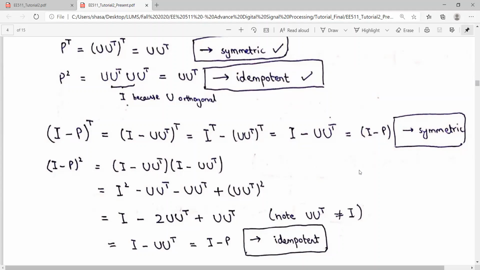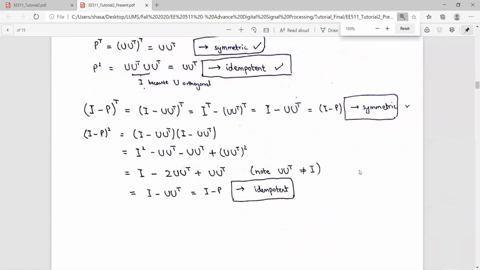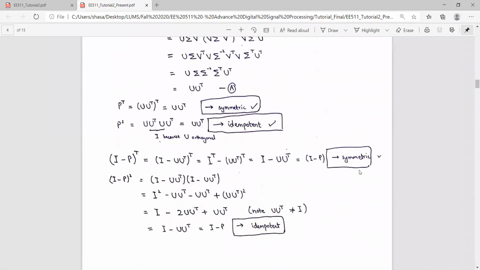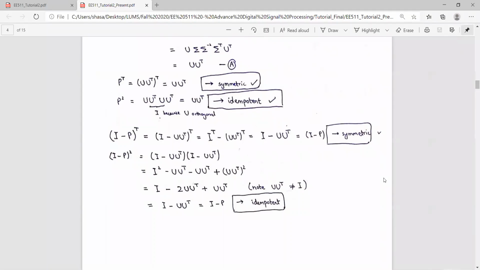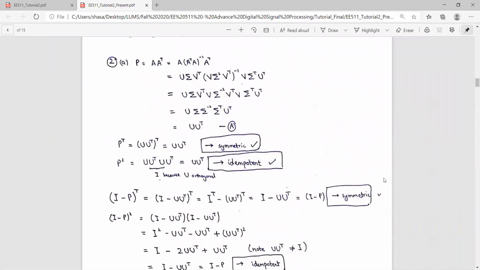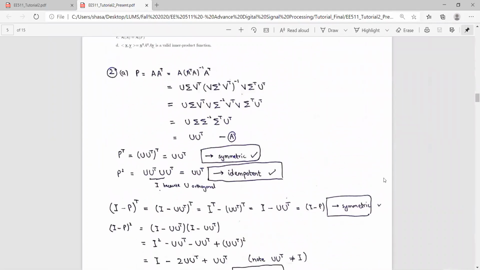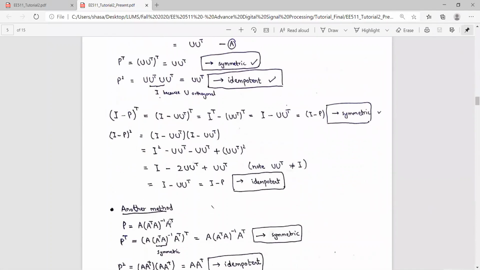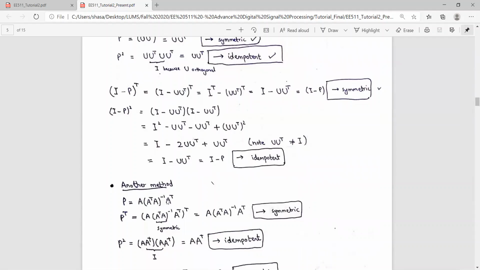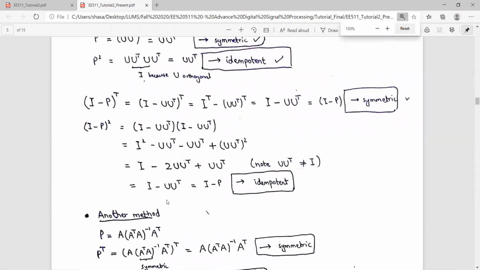So with this we are done, but although I say a lot that there are multiple ways to approach problems of proof, I never show it, or I do show it sometimes in the homework solutions. So we would also be solving it through another mechanism, which is just using this expression of projection, P is equal to A pseudo inverse, and then we can also apply the transpose directly over there.